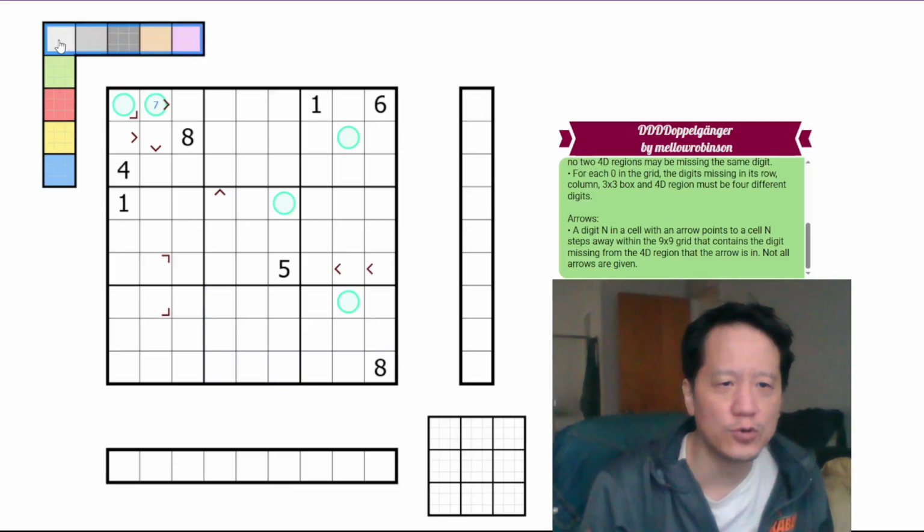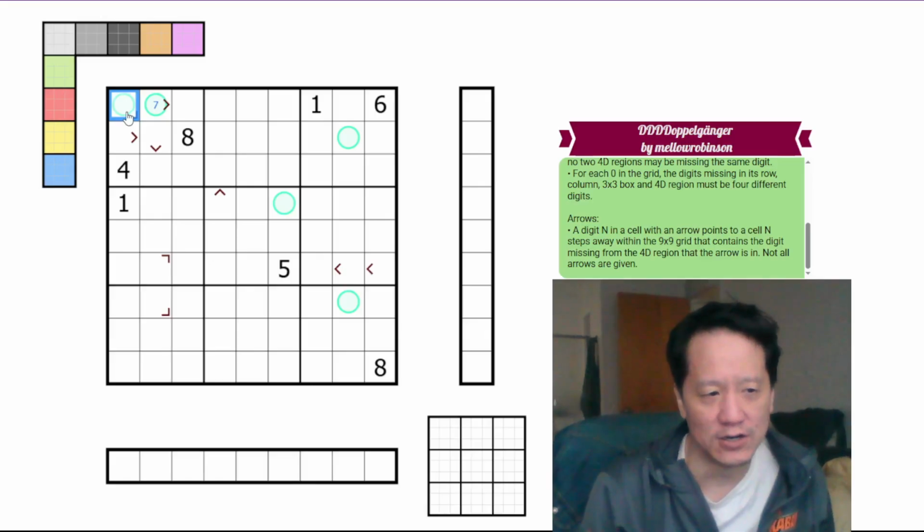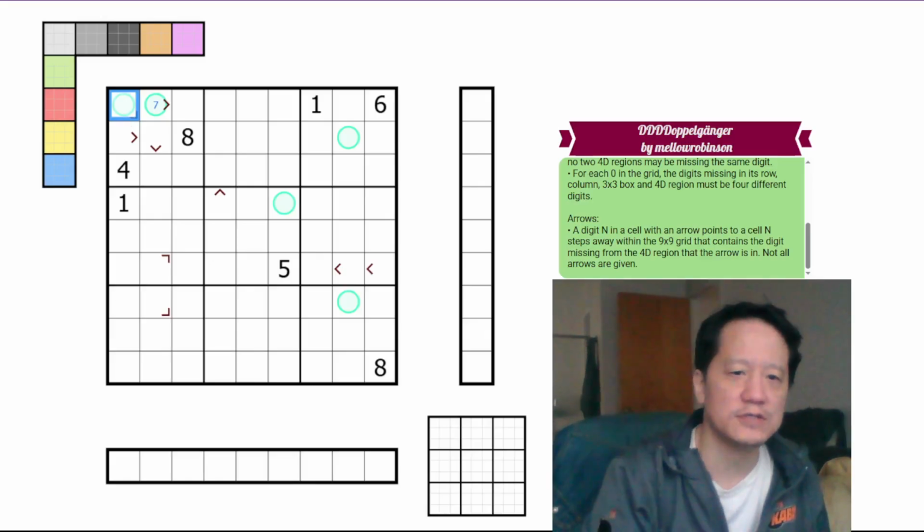Those are the 4D regions for which we have to decipher the missing digit. So this is up to 7. This is up to 8, right? 1, 2, 3, 4, 5, 6, 7, 8. But it can't be 8, though. If it were 8, that would say that in its region, 8 is missing, which obviously is not possible, since having an 8 in that cell is not possible. So this is 7 at most.